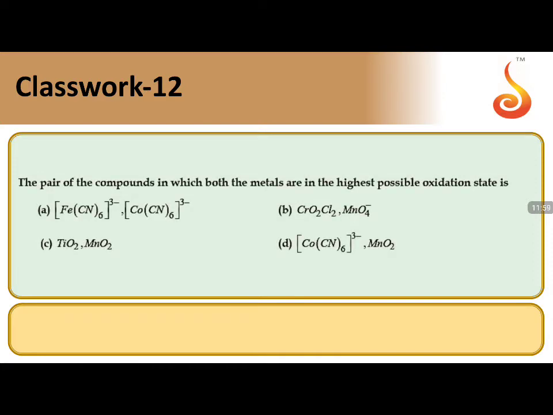Question number 12, the pair of compounds in which both the metals are in the highest possible oxidation states. If you take iron in option A, Fe(CN)6 3 minus, and Co(CN)6 3 minus, CN will be in minus 1 oxidation state.